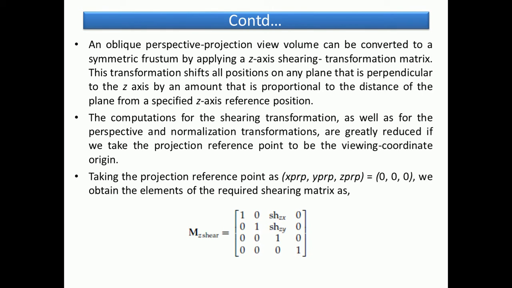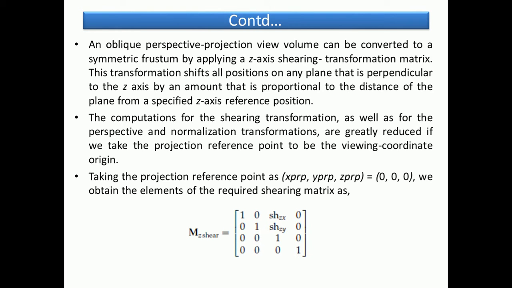Or we could have initially set up the viewing coordinate reference frame so that its origin is at the projection point that we want for a scene. In fact, some of the graphics libraries will fix the projection reference point at the coordinate origin.